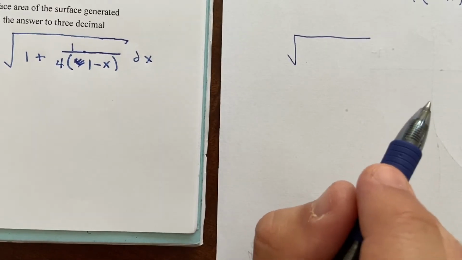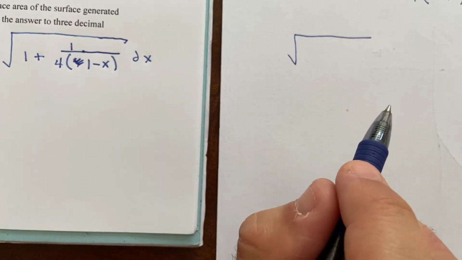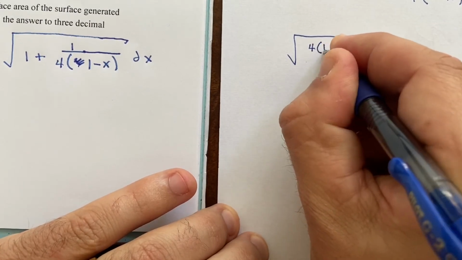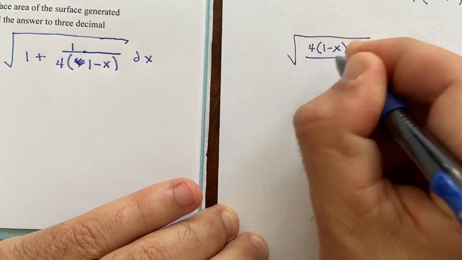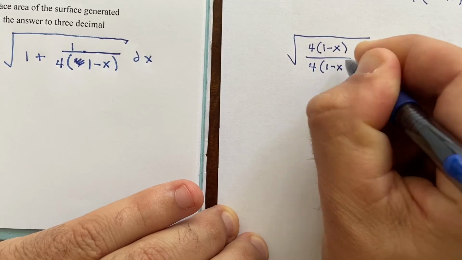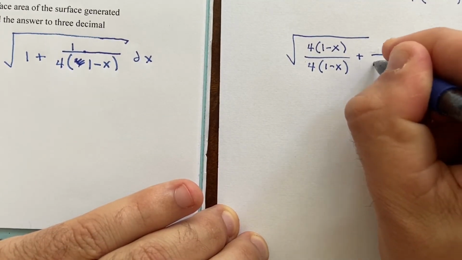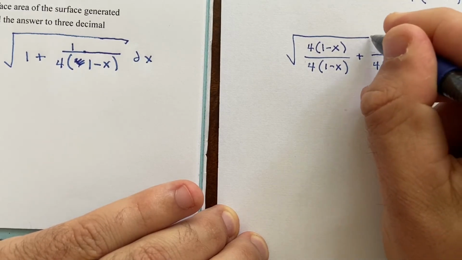So to get a common denominator, I would multiply by 4 times 1 minus x, sorry, 4 times 1 minus x. So that's 1. And then if I add that to 1 over 4 times 1 minus x. Common denominator, basically.